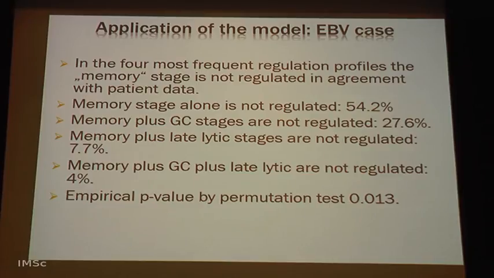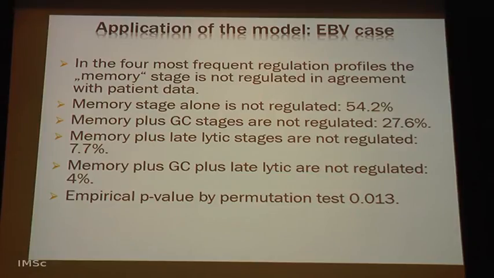And when you repeat this random sampling, you don't get results like this. The cases in which you get results like this are sort of rare, and you can calculate an empirical p-value. So it is very rare to obtain a result like this after you have shuffled all your parameters.